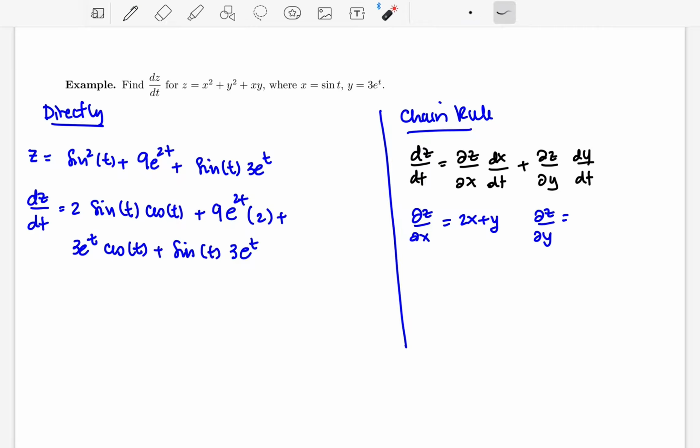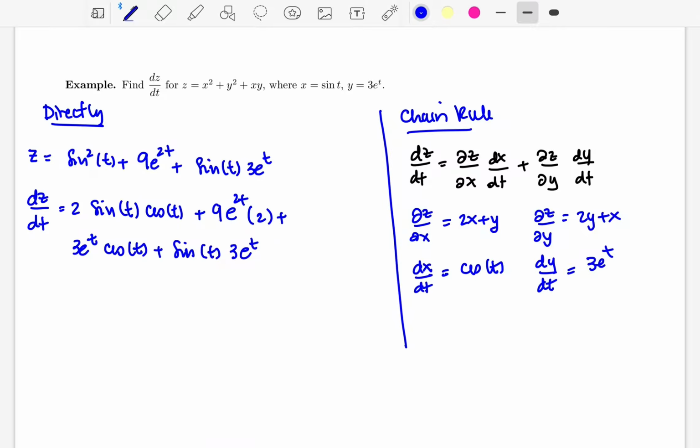Now I treat x like a constant, so this goes away, and then 2y, and then the derivative of xy will be just x. So this is 2y plus x. And now I take the derivatives of x and y with respect to t. So dx/dt is equal to cosine of t, and dy/dt is equal to 3e to the t.